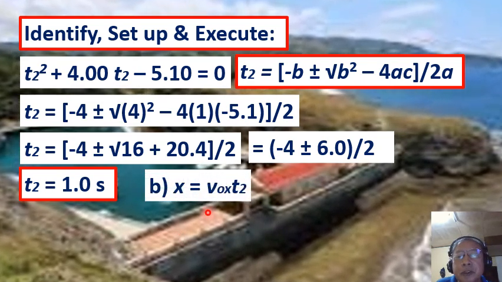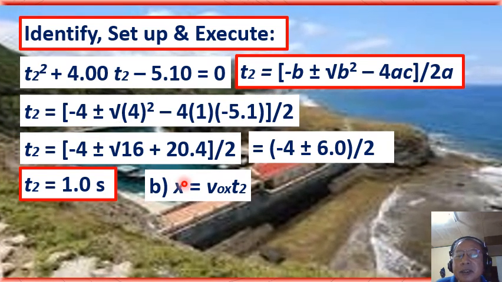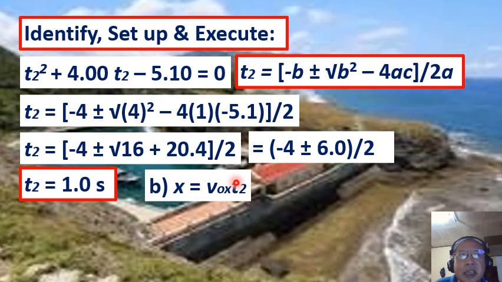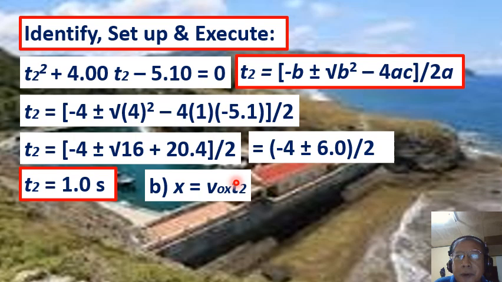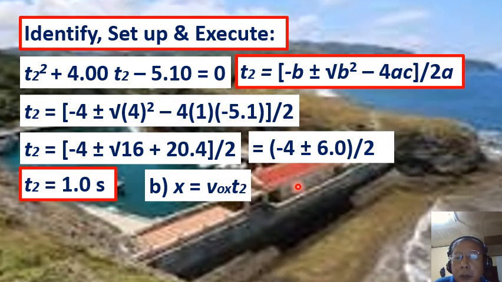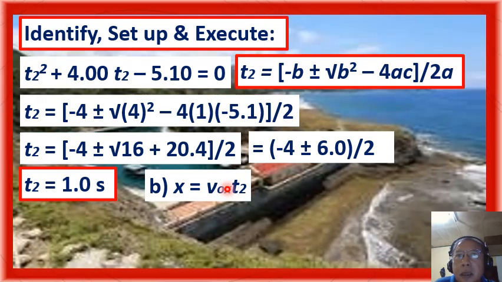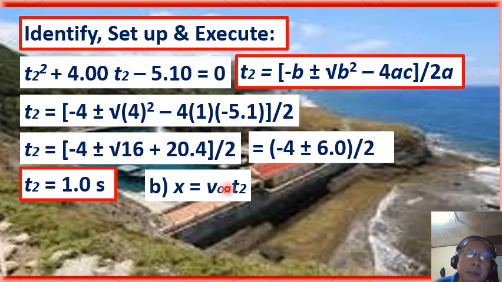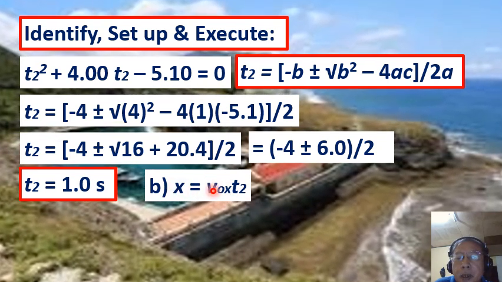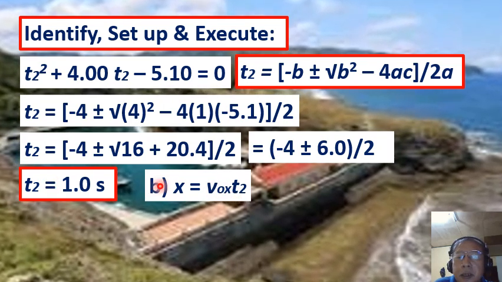And so therefore, we can now proceed in determining the horizontal distance x, which is the distance from the foot of the dam to where the rock lands on the horizontal plane, all right? So we use the formula v sub not x multiplied by the computed time t sub 2.